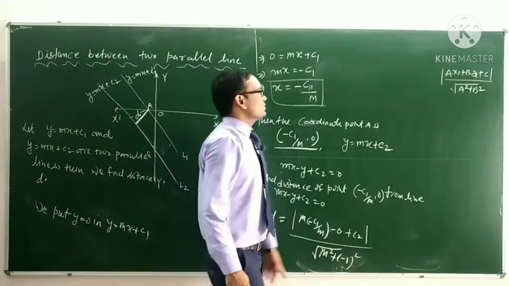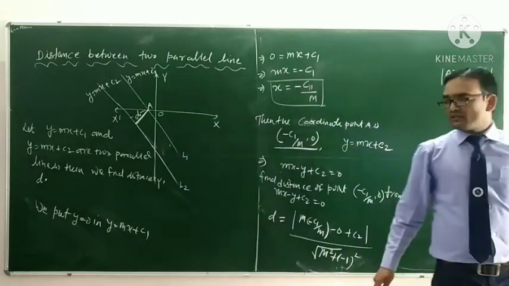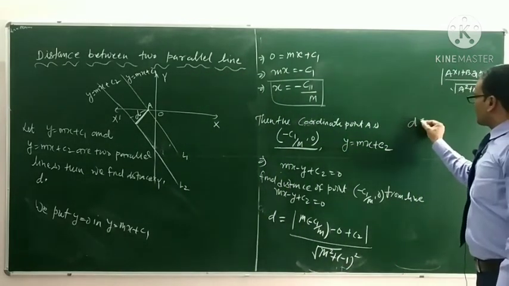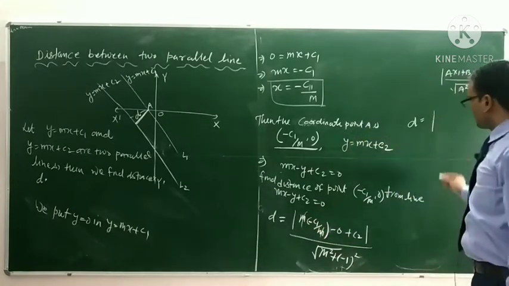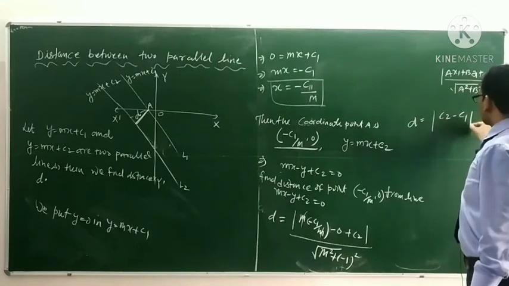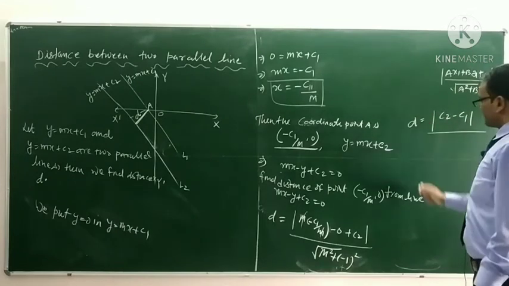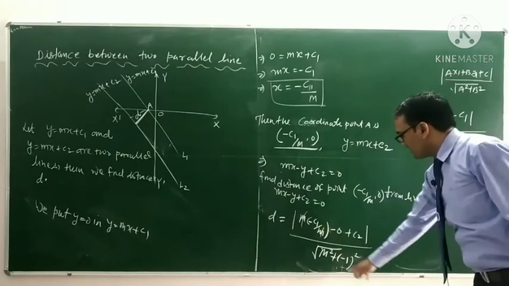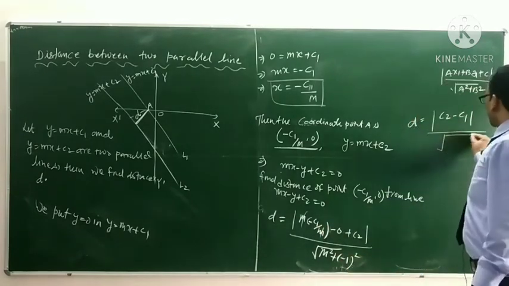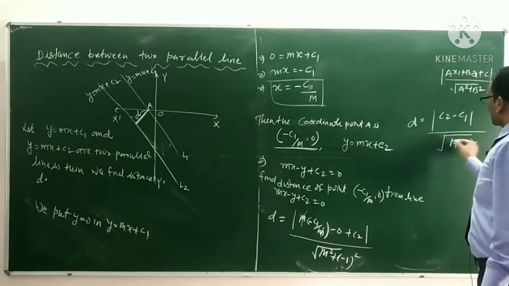Okay students, using this formula, d equal to mod of, m will be cancelled, c2 minus c1 upon square root 1 plus m square.